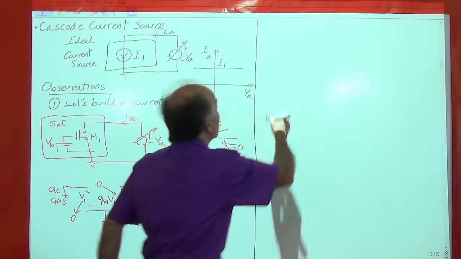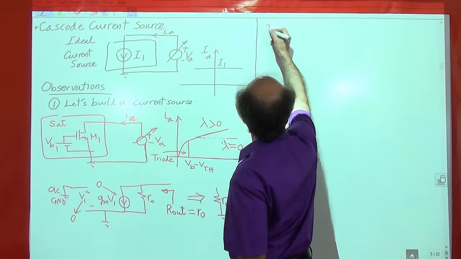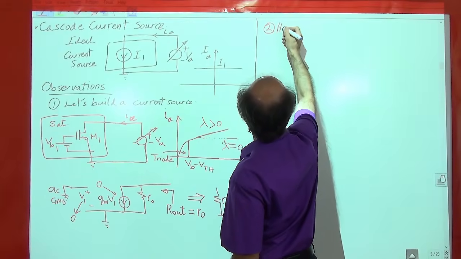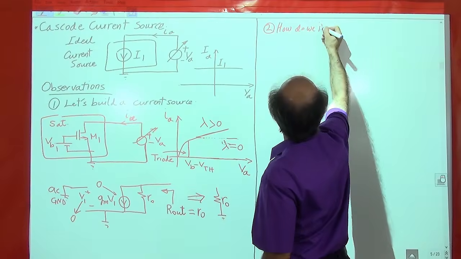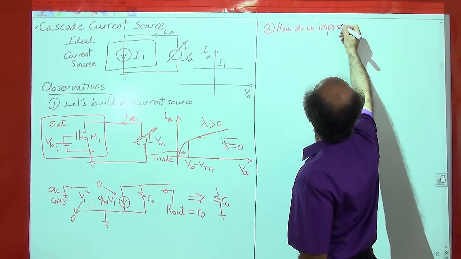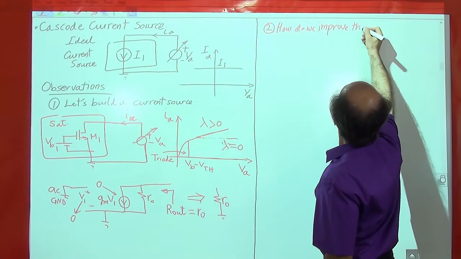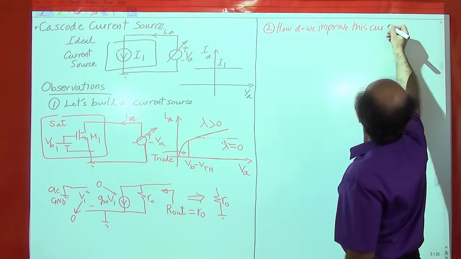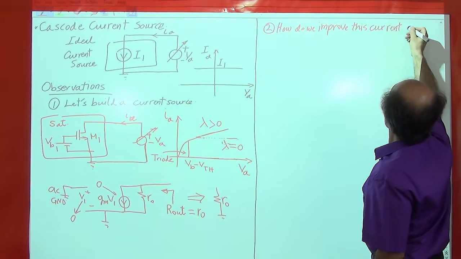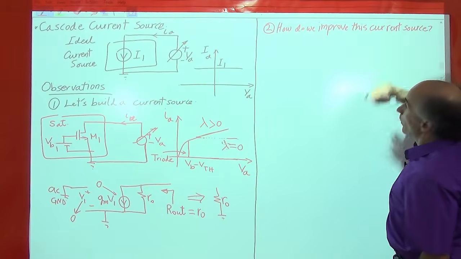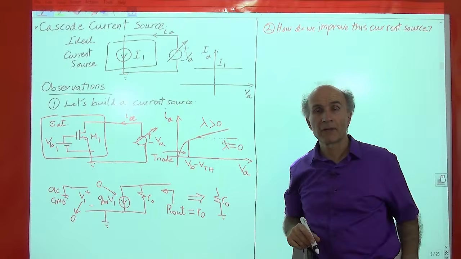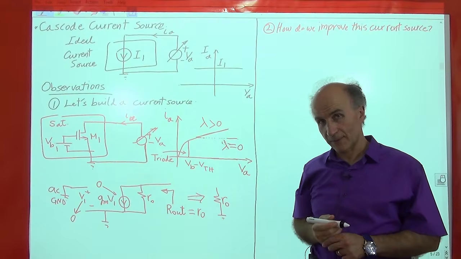Okay, so the next observation, number 2, is how do we improve this current source? Now exactly what do we mean by improve anyway? Well, by improve we mean how do we have a higher output resistance?